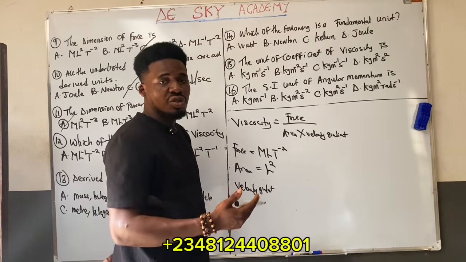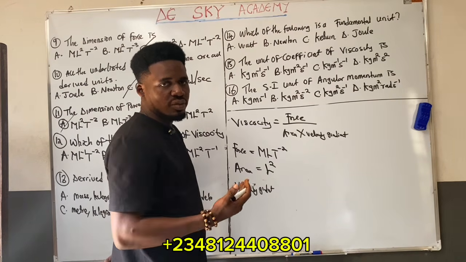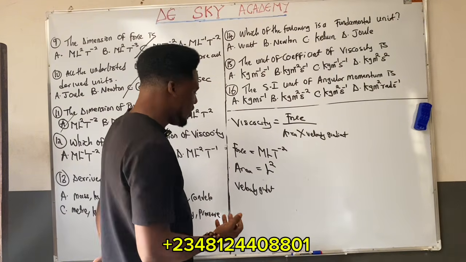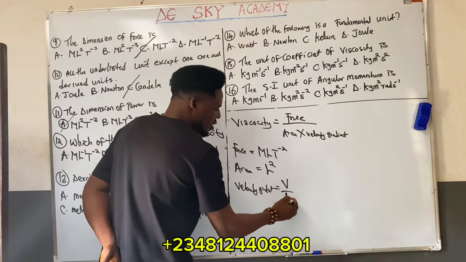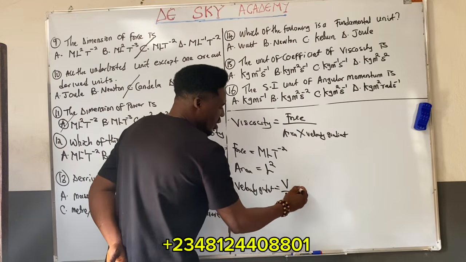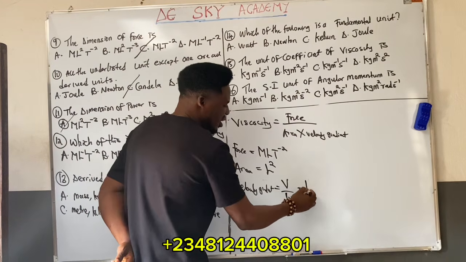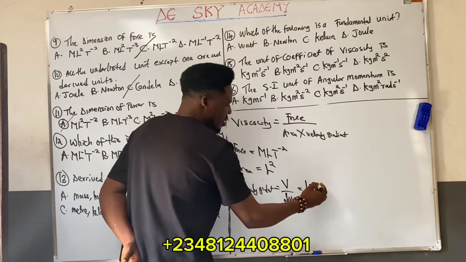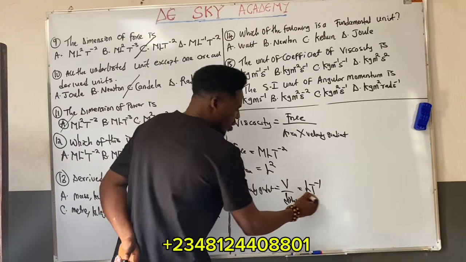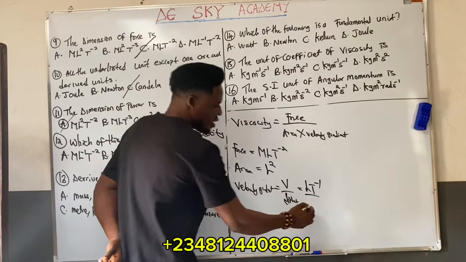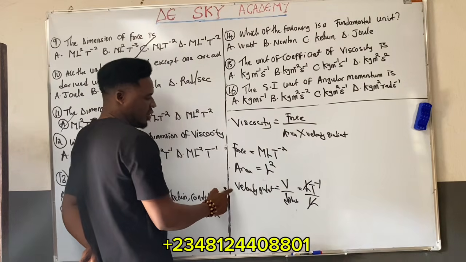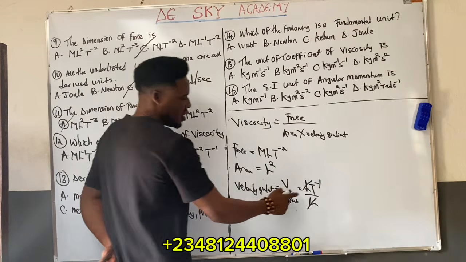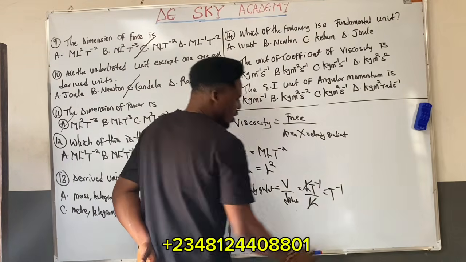It just means velocity over length, over distance. And what's the dimension for velocity? LT⁻¹ all over, what's the dimension for length? L. This L will cancel this L. So what is the dimension for velocity gradient? I'll have it as T⁻¹.